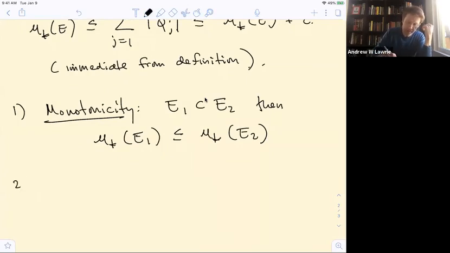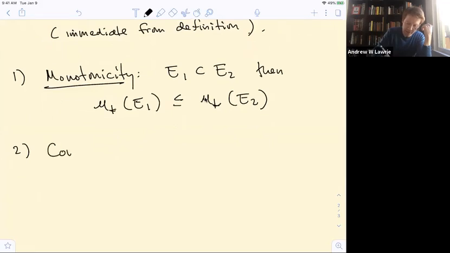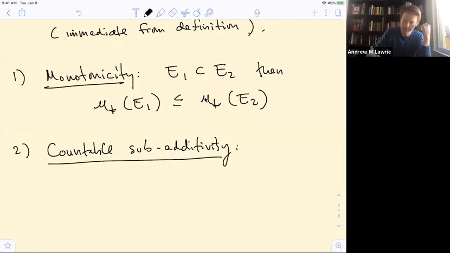Property 2 is countable subadditivity. What does this mean?